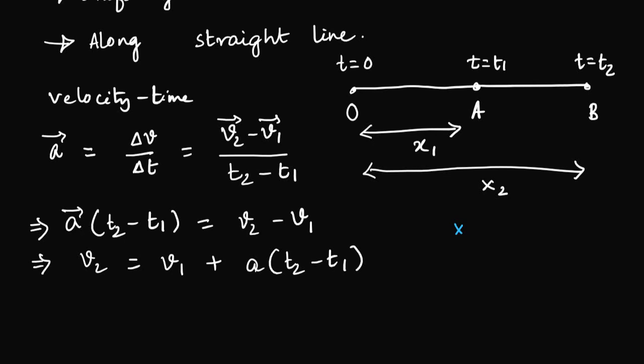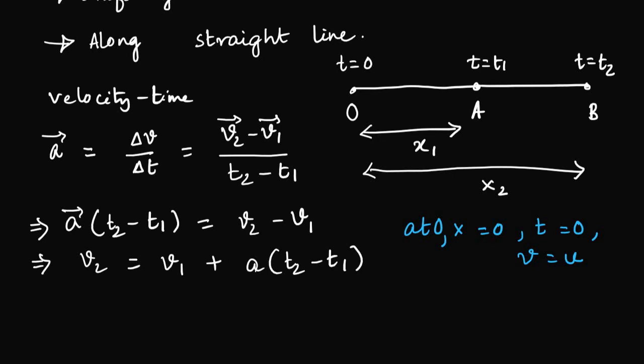When x equals 0 at the origin O, the object did not travel at all, the time taken was also 0, and the velocity is the initial velocity, taken as u.